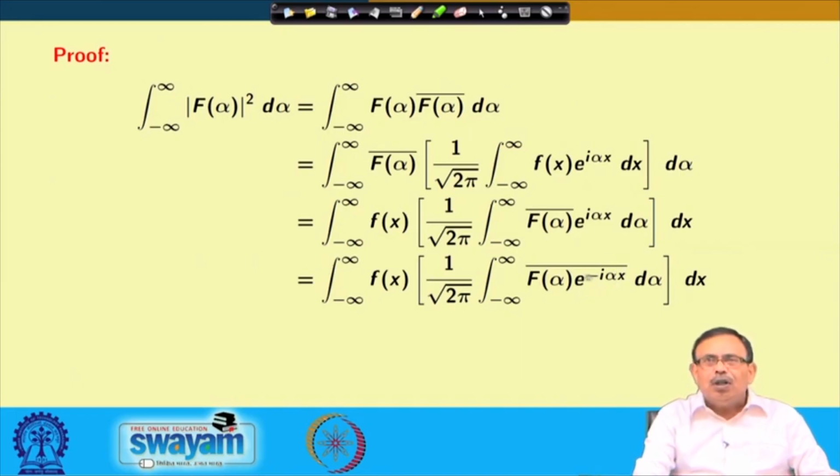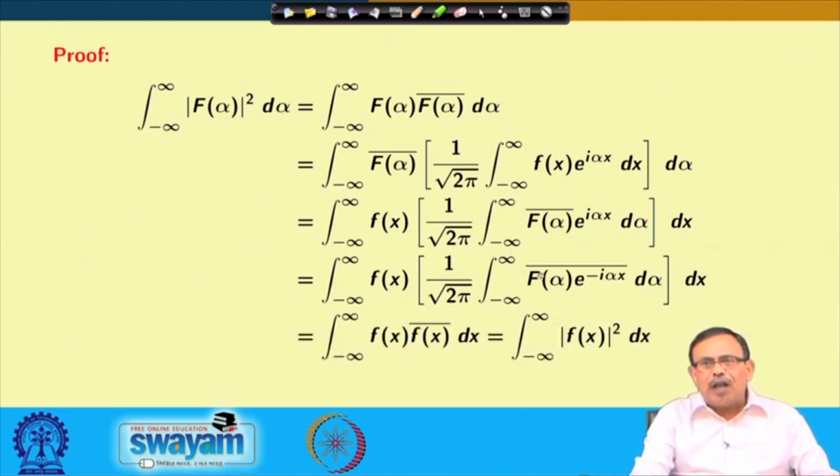So, that if I break it, then again I will get back the earlier one. And if you see, this integral 1 by root 2 pi, integral from minus infinity to infinity F(alpha) into e power minus i alpha x d alpha, this is actually the inverse Fourier transform, f(x) bar.